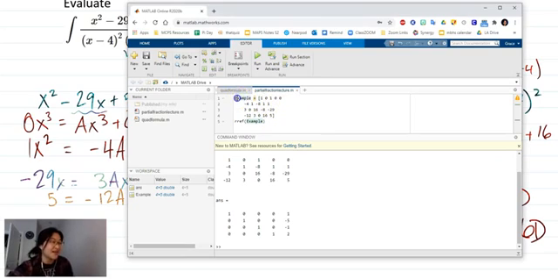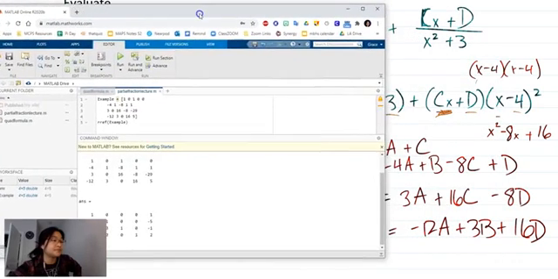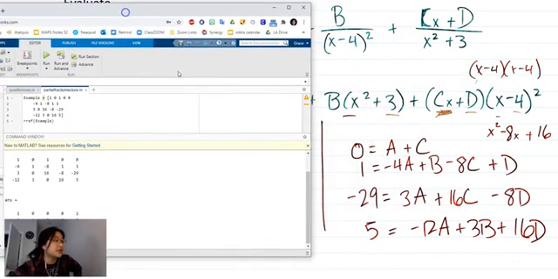So I made an example, I called the matrix example, and this is called an augmented matrix because it's the coefficients for my terms. 0 equals A plus C, so A is the first column, B's are the second column, C's are the third column, D's are the fourth column, and then the fifth column is whatever this equals.